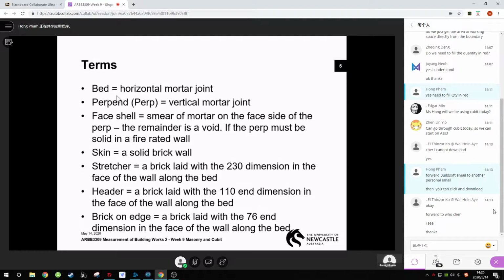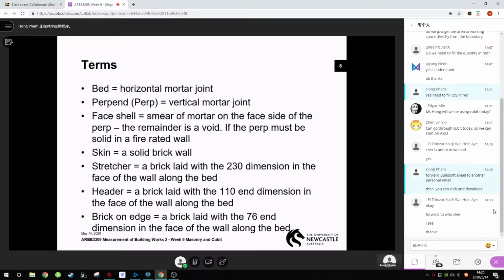Actually, I don't know what face shell is, so let me look for it. Smear of mortar on the face side of the perpen, and the perpen is a vertical mortar joint. The remainder is a void. Okay. Skin, a solid brick wall. I don't know what face shell is.